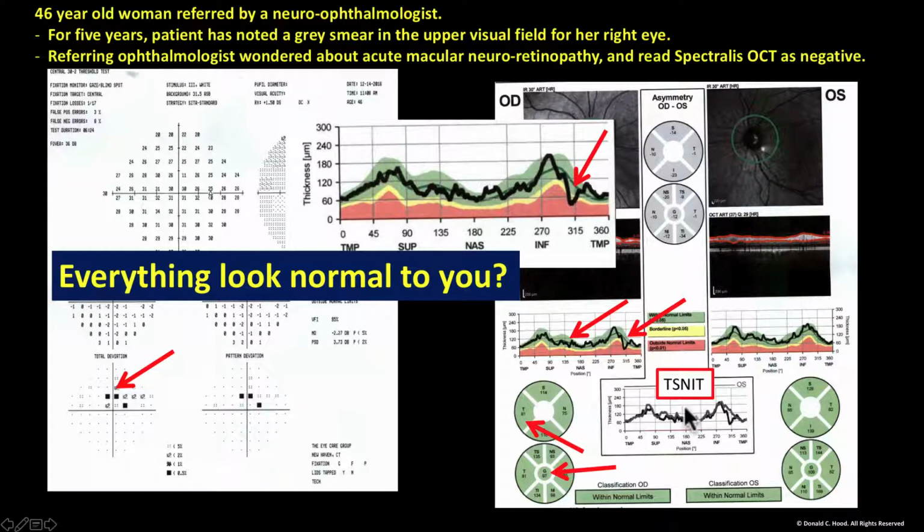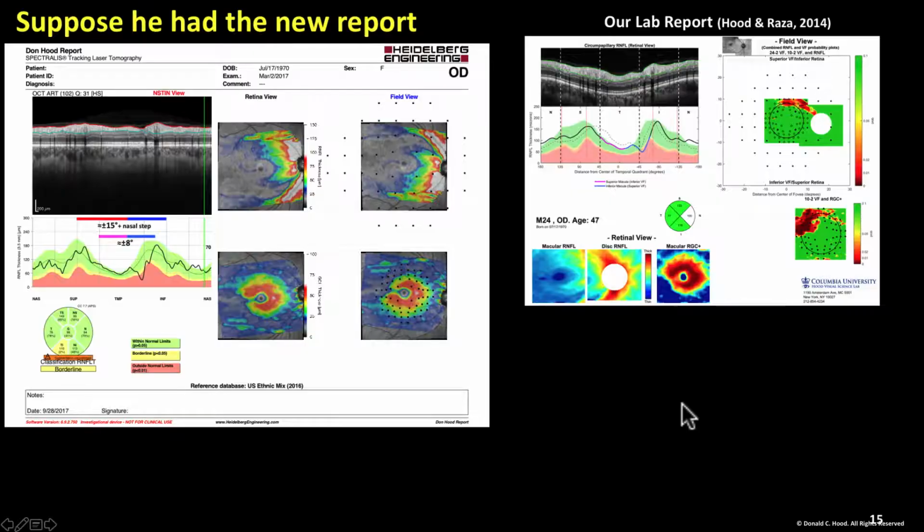Now this is T-SNP. So we ran this patient in my lab and we produced this report. Now this is going to be in NSTIN format. There's the defect, right? There's the thinning in the retinal nerve fiber layer. There's the missing piece. See, this is in the macula. There's the missing piece of the retinal ganglion cell layer in the macula.